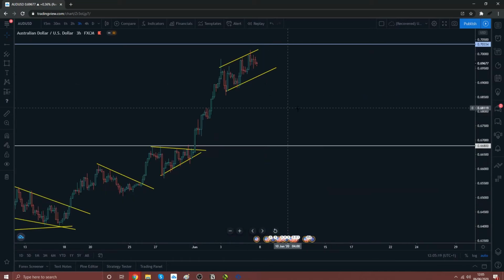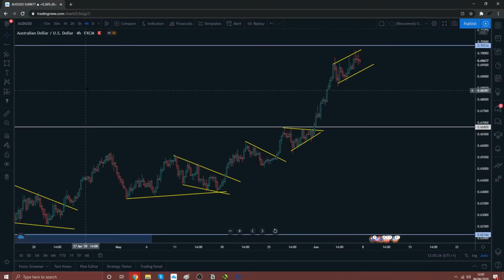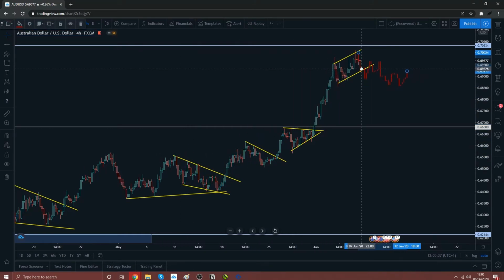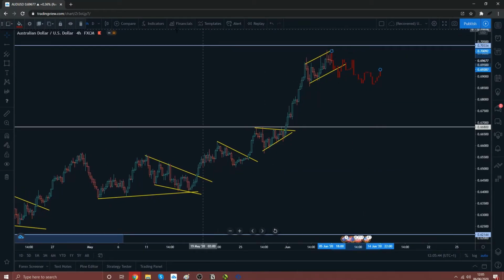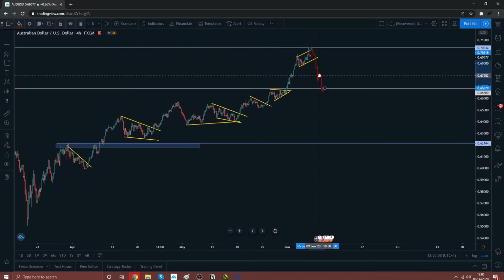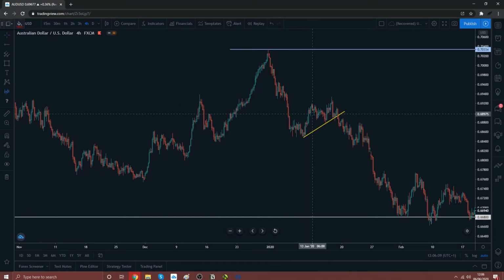So it'll be interesting whether there's a deeper pullback on this, whether we start to get some sort of movement like this before another push to the upside, or we could just see price literally do something like that, and then put in a corrective pattern like this.